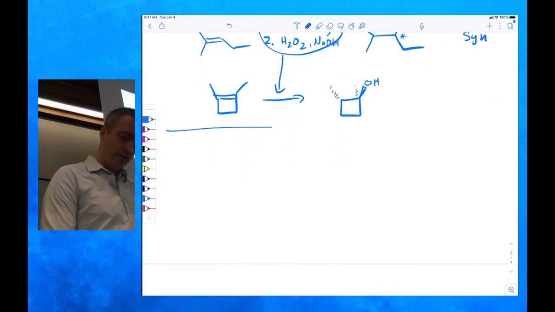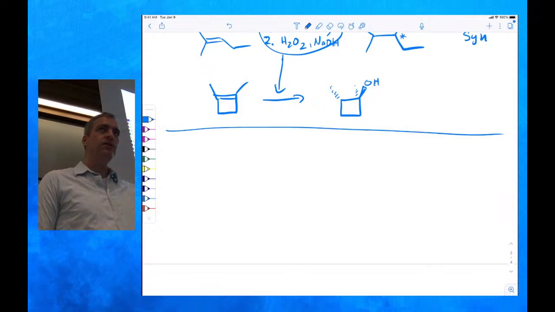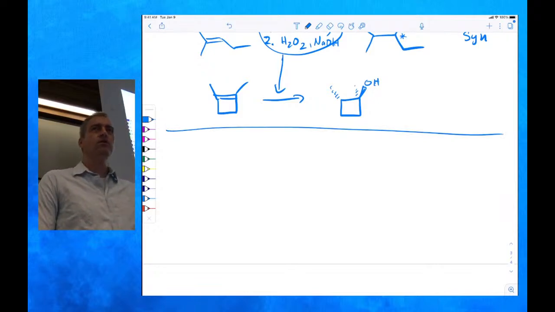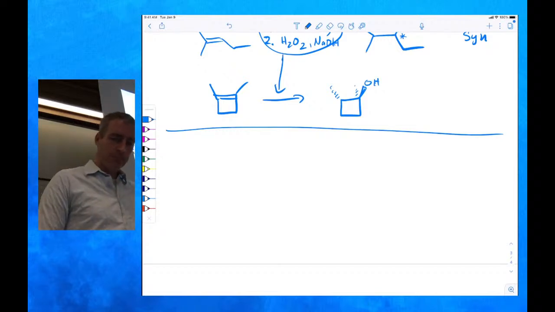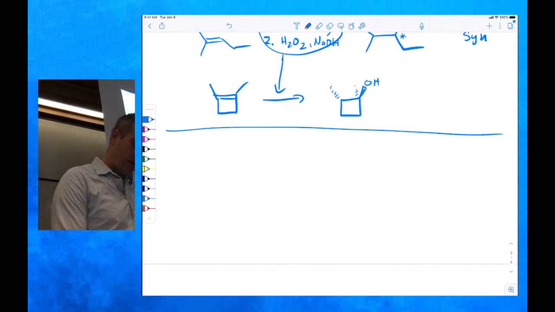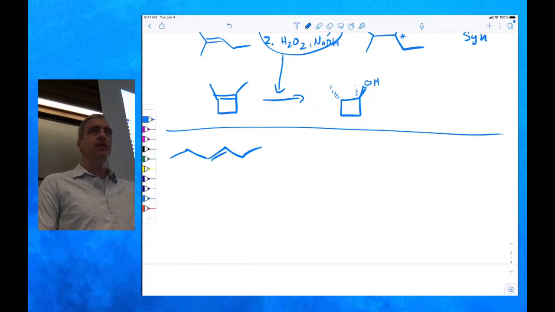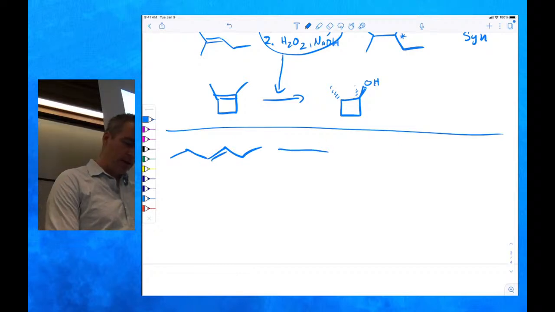We're rushing through these. The next one is addition of halogens, addition of X2, which works with chlorine and it works with bromine. So let's use a little bit of a different one this time. This is, what, 3-hexene? And what we're going to react this with is Br2.